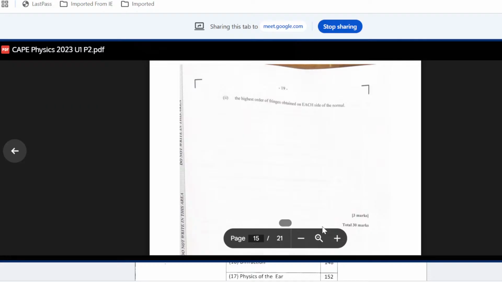The highest order must be at the highest possible degree. So what's the highest possible degree that we can get from the diffraction grating? The highest value for theta.